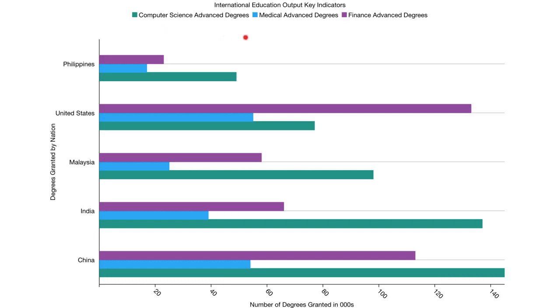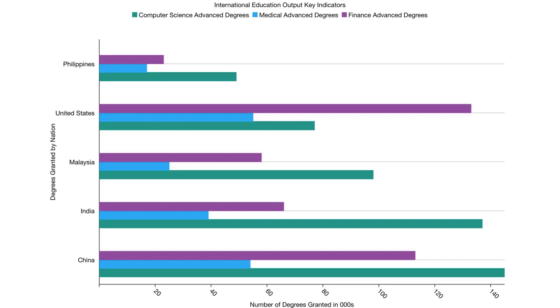Then we go to here, which is called the legend. The legend guides us as to what we're going to see in the chart. So the green is computer science advanced degrees, the blue is medical advanced degrees, and the purple is finance advanced degrees. And then you come over here and you see the nations that are being compared. You see the Philippines and their output. You see the US and its output.